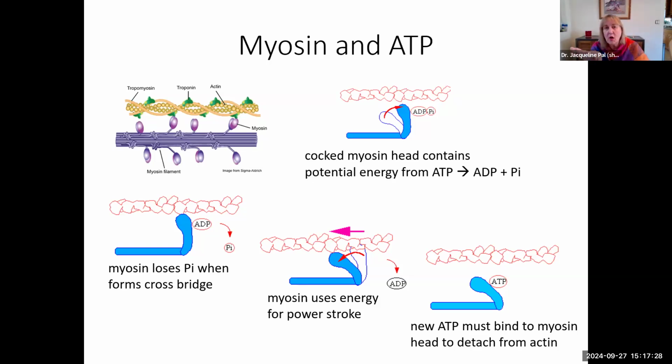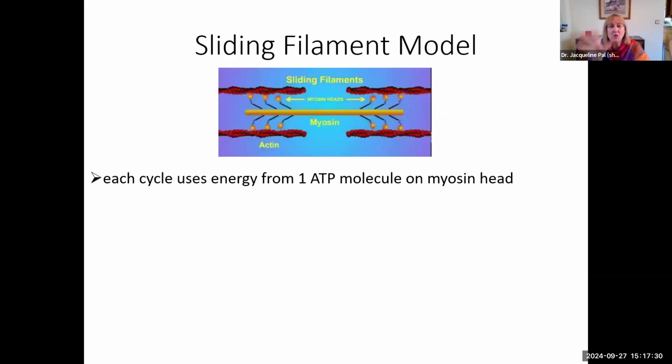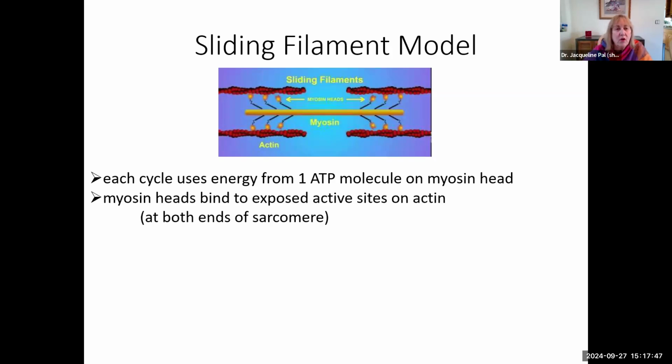All right, so let's put this all to work. Each cycle is going to use the energy from one ATP molecule, and this cycle is this huge theory that we call the sliding filament model. So here's how it works. The myosin heads are going to be binding to exposed active sites on the actin.